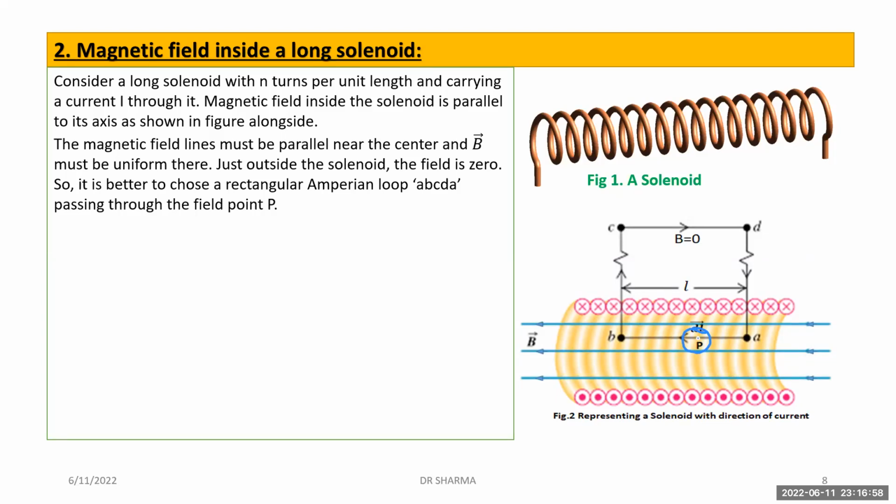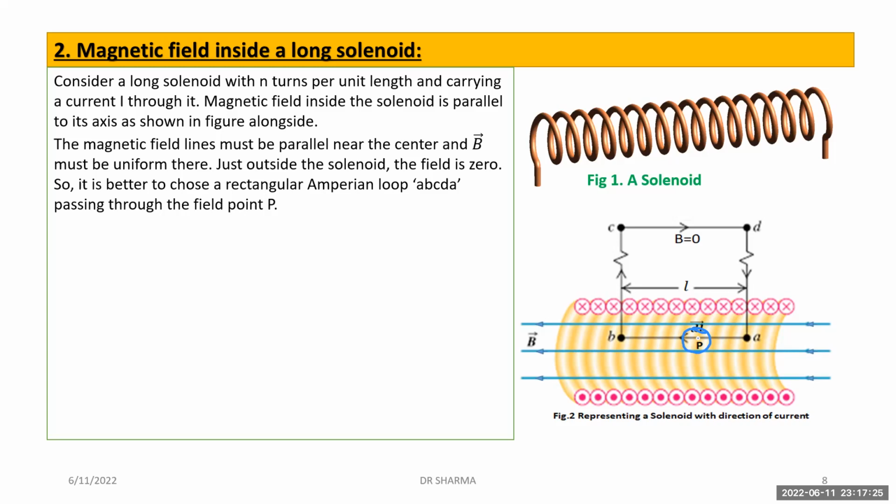We have to draw an Amperian loop through this point. First of all, draw a line AB parallel to the magnetic field lines. As it must be closed, we cannot have a symmetric Amperian loop in this case. So we choose a rectangular Amperian loop ABCD.